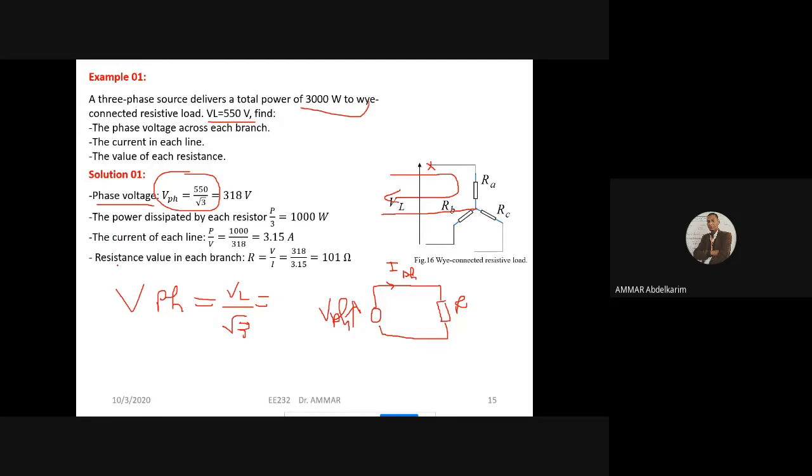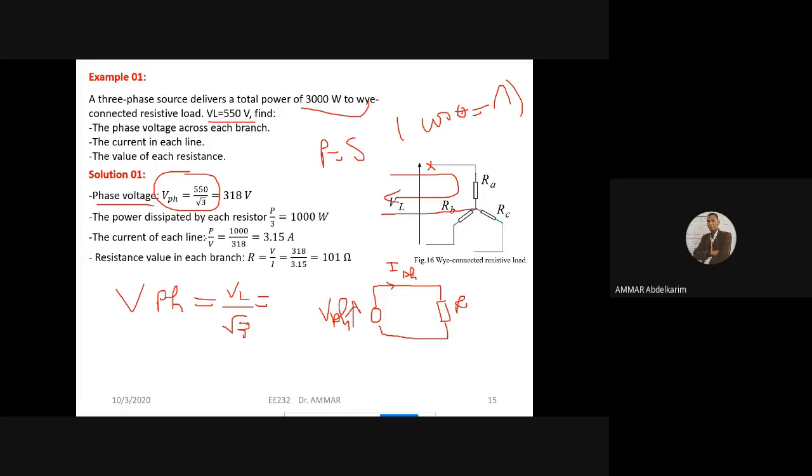If we had the resistance value, we could find the current as V over R, of course. Here, for the current of each branch, because it's a resistance, P equals S, and cosine theta is 1. It's a very simplified example.